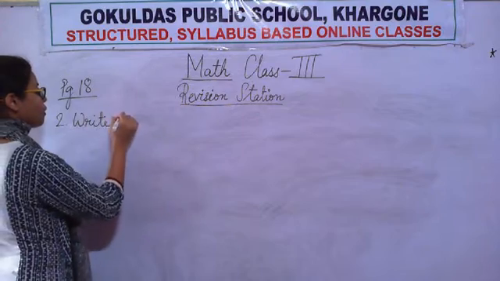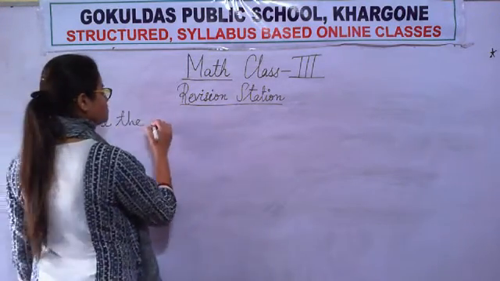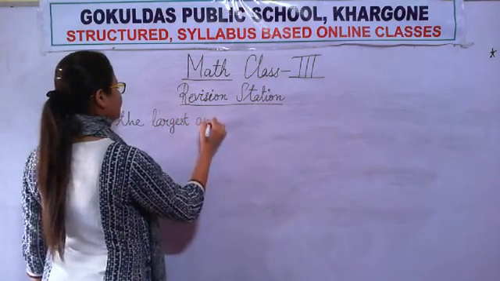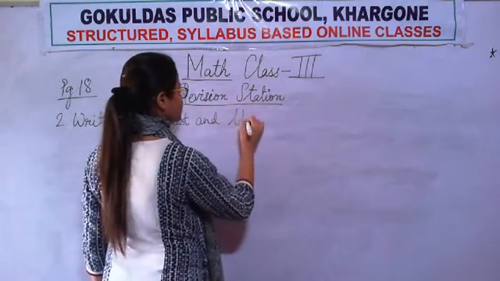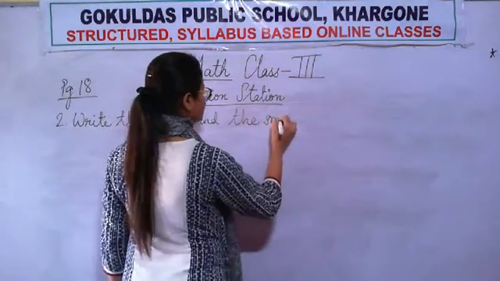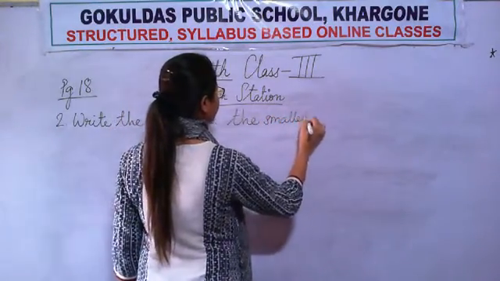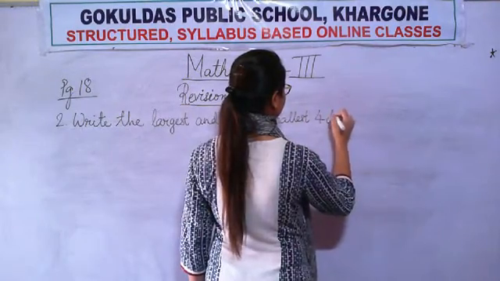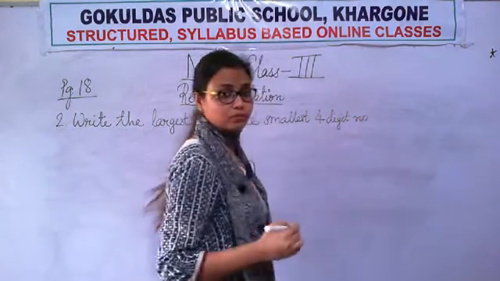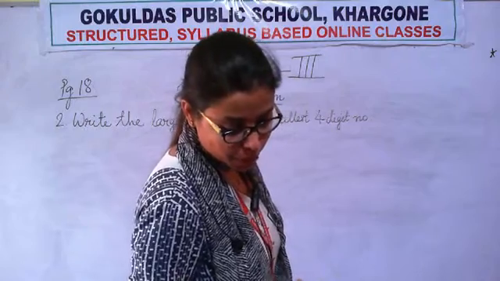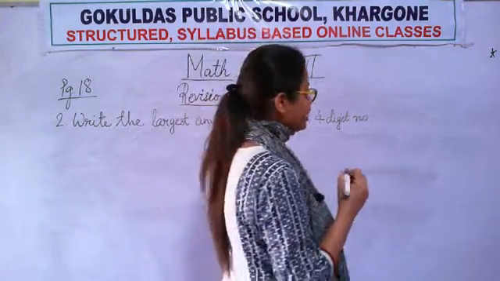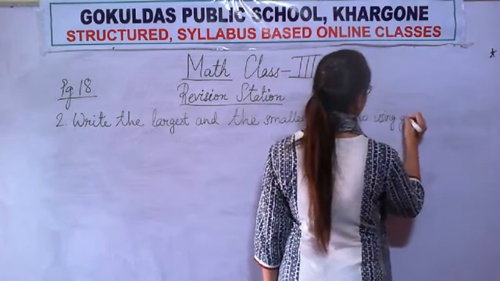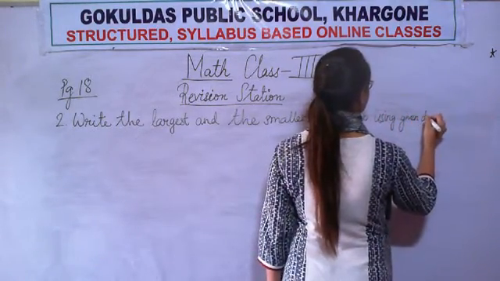Write the largest and the smallest 4-digit number using given digits.